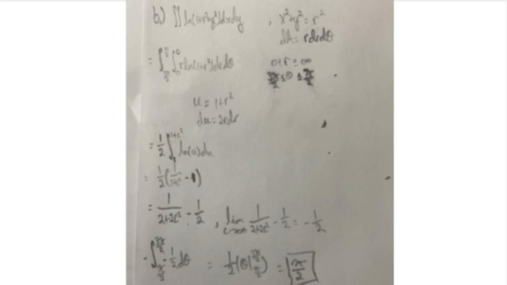Then I integrated again for the theta portion and found that this portion of the integral is equal to pi over 2. And finally, here at the end, I went ahead and multiplied them together to get the final answer. And this answer gives the volume given the domain, which was x greater than or equal to 0, y less than or equal to 0, and z bounded between 0 and 2.